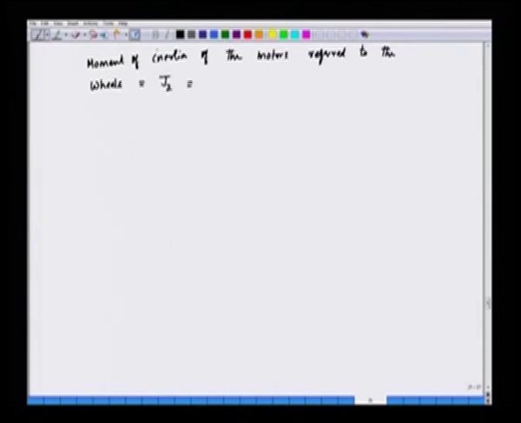We have this J2, that is equal to N into Jm, the inertia of each motor, divided by A square. And hence we have the total moment of inertia, J, that is equal to J1 plus J2.